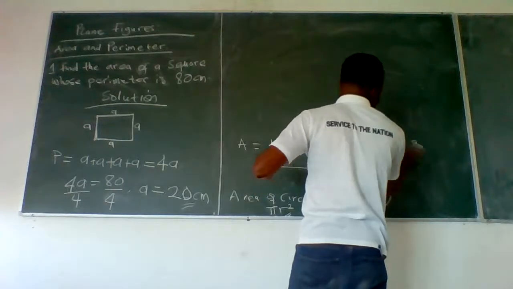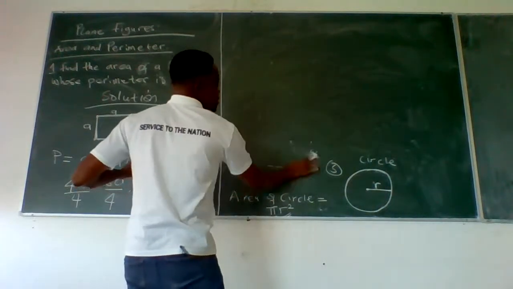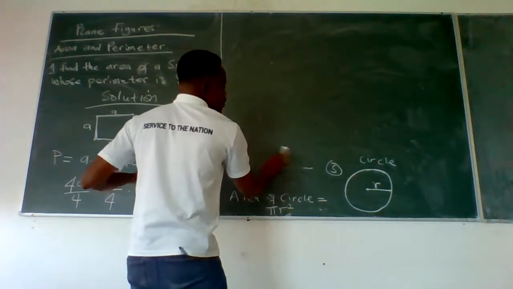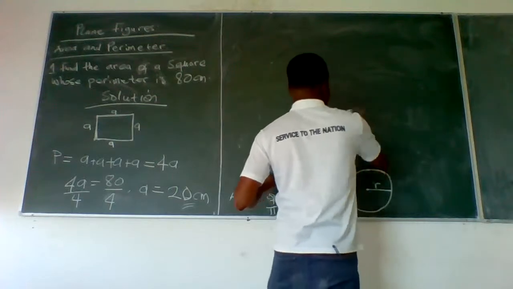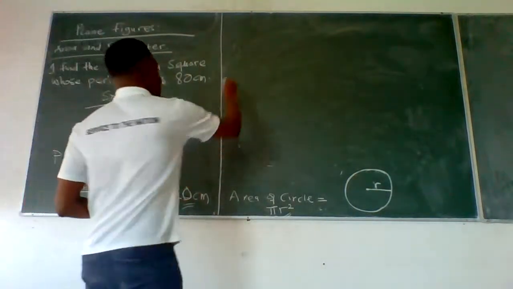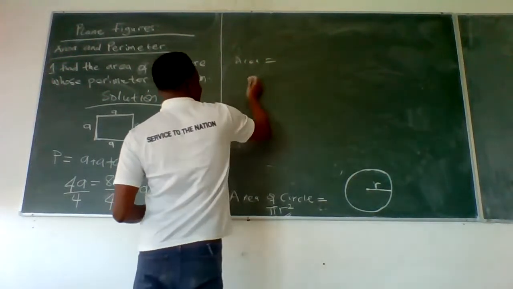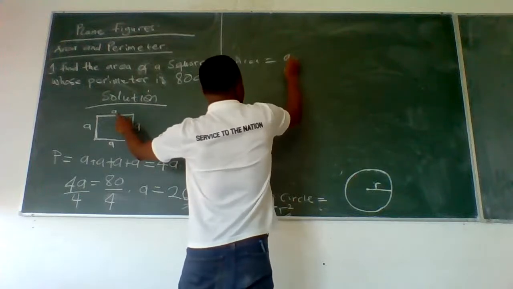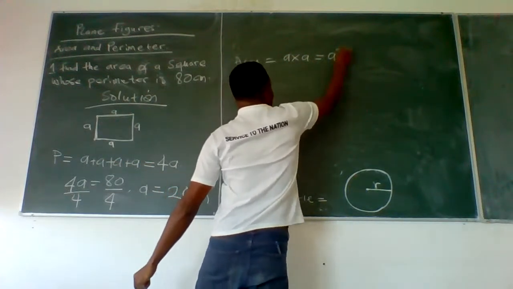So the area is basically multiplying height by the base, or just multiplying width by the length. But since a square has equal lengths, we have area equal to this A times this A, which is the same as A squared.